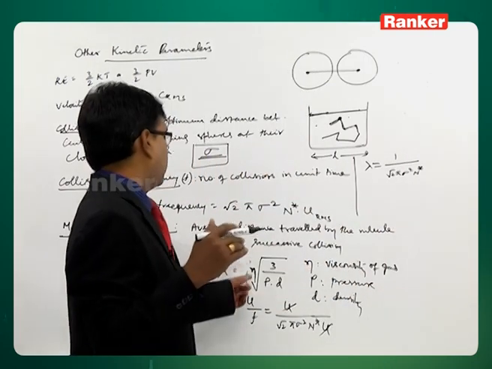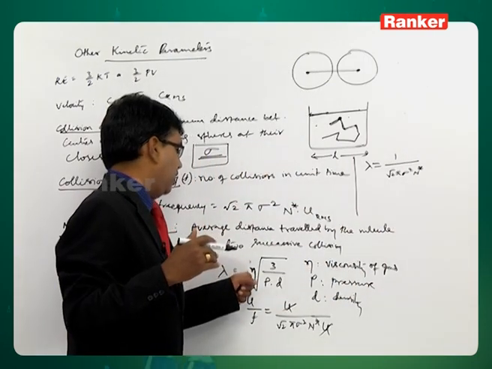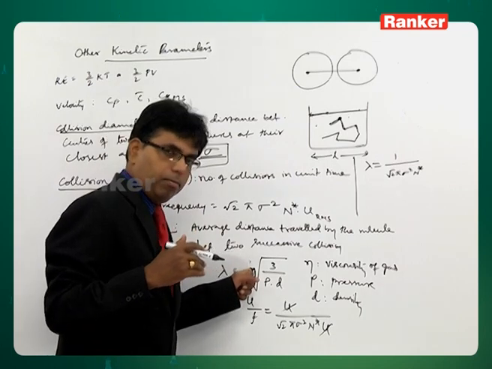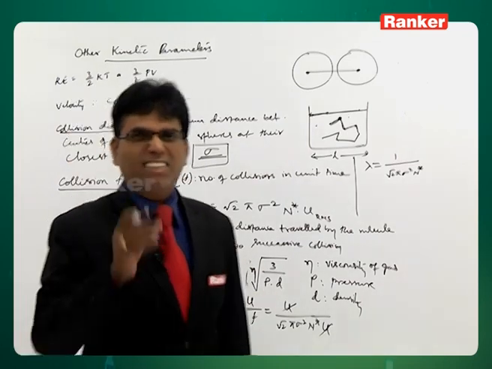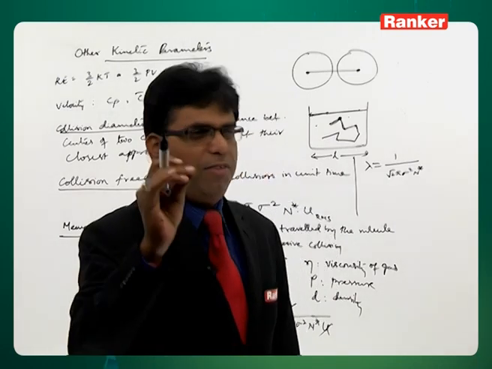Now what are the parameters on which this mean free path is dependent? The mean free path, as you can see over here, is dependent on the viscosity of the gas, the density, everything.